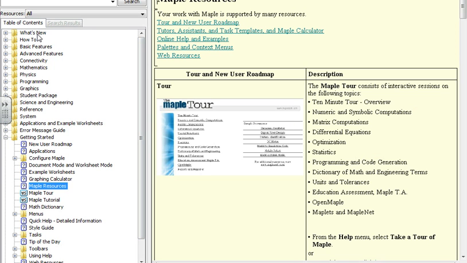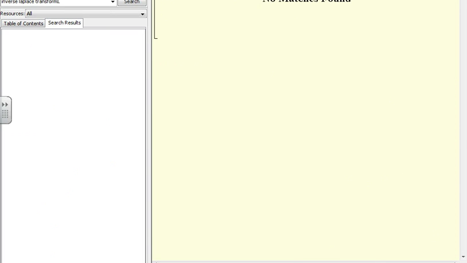And we're going to go inverse Laplace, well, search, inverse Laplace transform. Because we know that Maple, oh, way to go. What did I do?